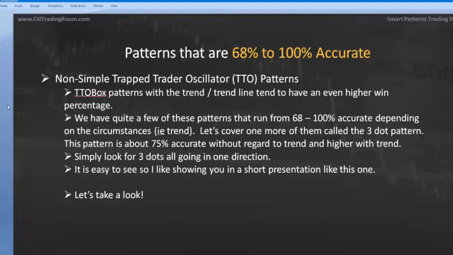But I just use 84 for my statistics. I always choose a lower number than I'm really expecting to happen. But on quite a few of these patterns that we use, we have a TTO box pattern. I'm going to show you another one in a minute. They run from about 68 to upwards of 100% depending on the circumstances.